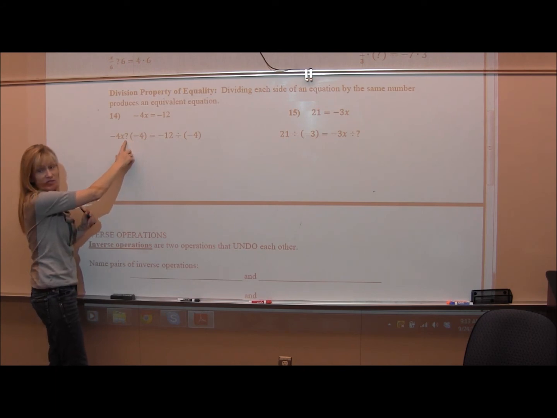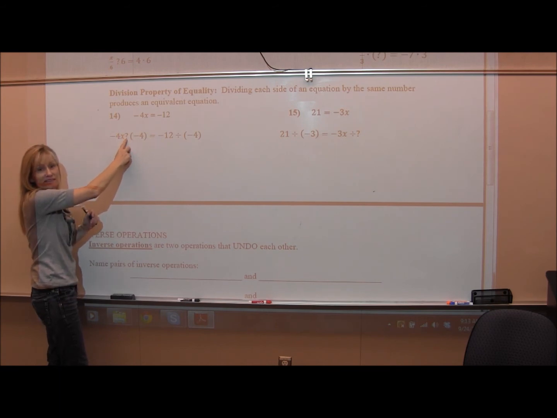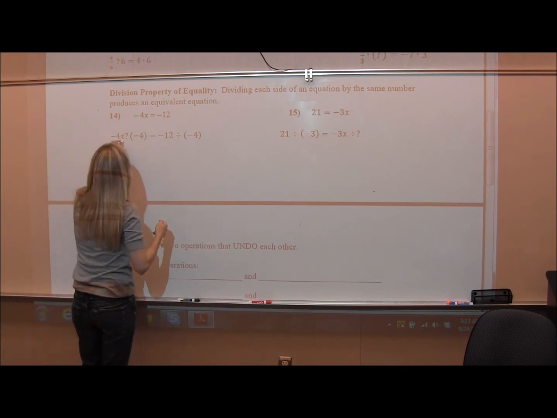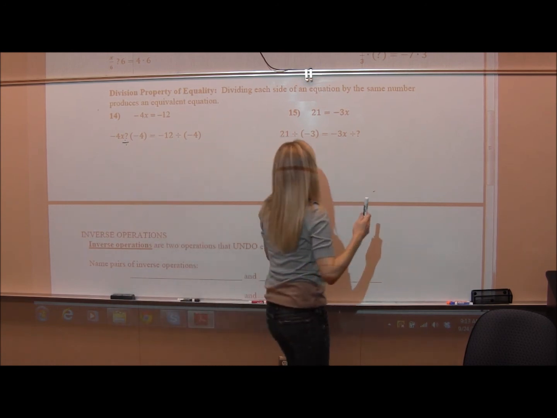What would be where the question mark is? Anybody? Well, we've got the number already, so what goes here? It's an operation. Divide, exactly. See, I think they've oversimplified this so much that it's confusing.